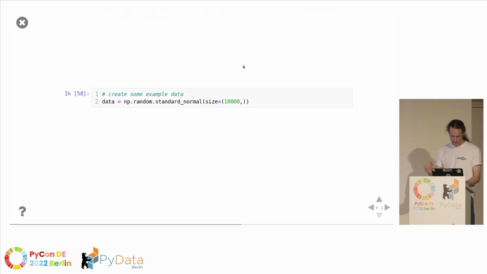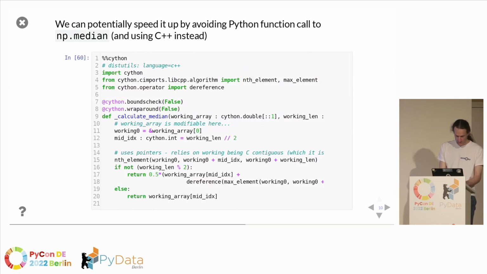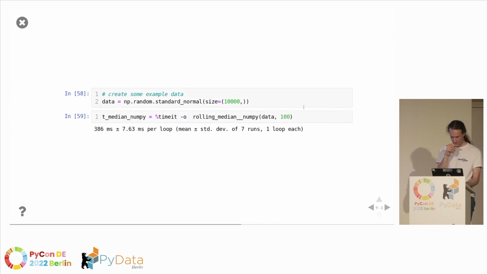Okay, random data, 10,000 elements, standard normal distribution, and we're at 386 milliseconds, which is pretty slow, right? And we'll see that we can do this much faster. So a window of 100 in an array of 10,000, okay?